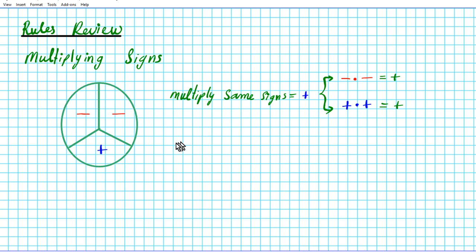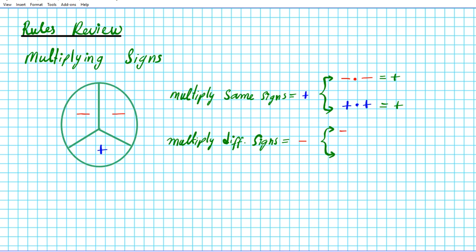Now, when you multiply different signs, guess what? When you multiply different signs, your sign will be negative. Let's take a look at two cases. You can either have minus times plus.